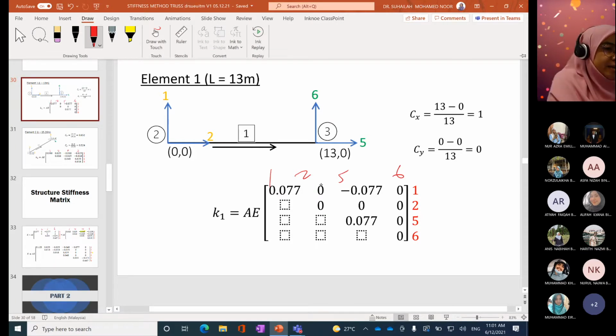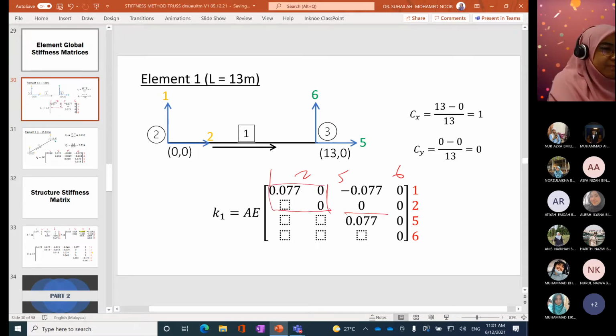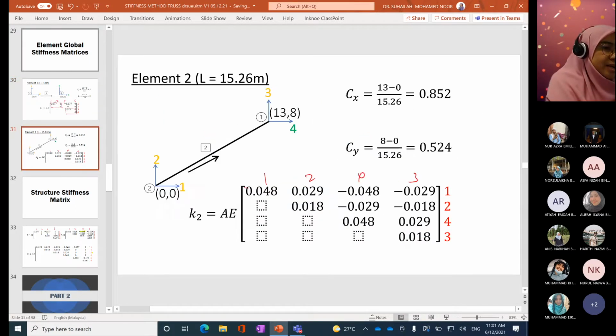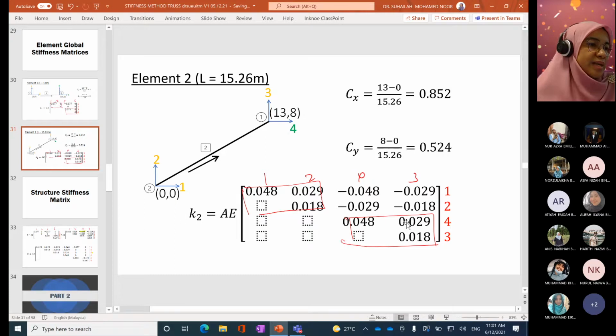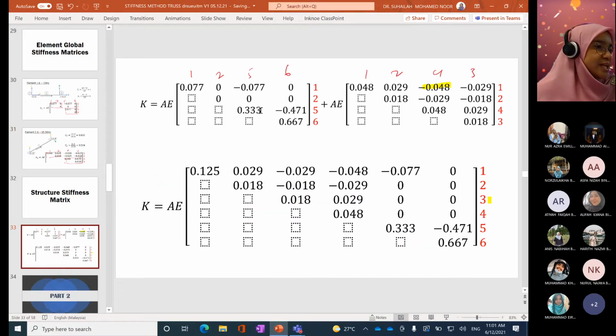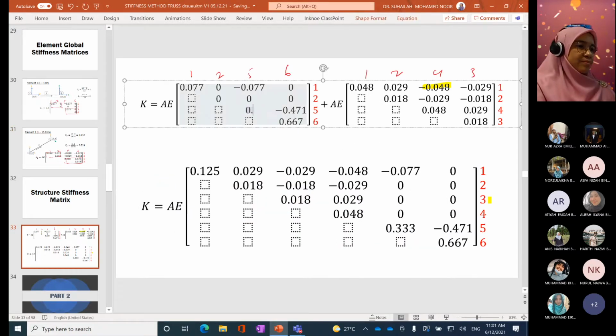Okay, kat sini dia 4 value ni dengan 4 value ni sama tau. 4 value sama. So yang ni dengan yang ni sama. Yang atas tu sama tapi negatif. Means that dekat sini ada silap.